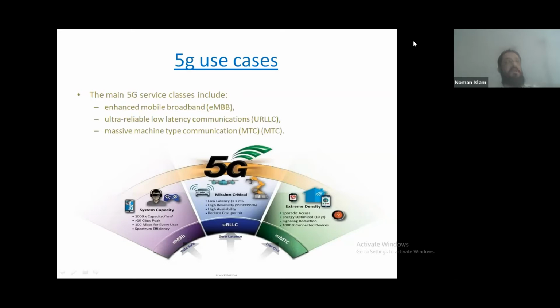This is another type of application in which we need a zero latency real time communication, and the possible applications may include remote surgery, and then massive machine to machine communication, in which machines will be communicating with each other and to realize a true internet of things. So these were three use cases of 5G that was proposed by 3GPP project.